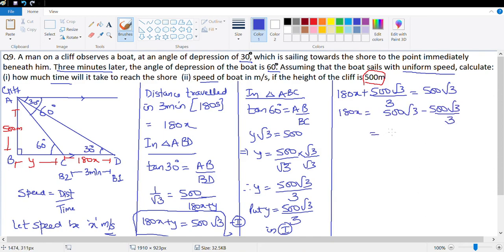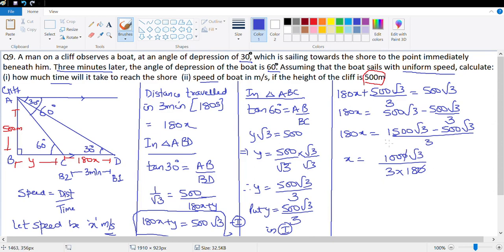Let's take the LCM. So this would become 1500 root 3 minus 500 root 3 upon 3. That's 180x. So x would be equal to 1500 minus 500, that's 1000 root 3 upon 3 into 180.